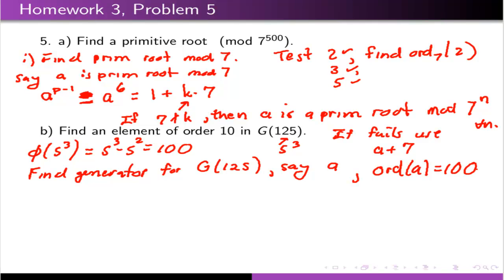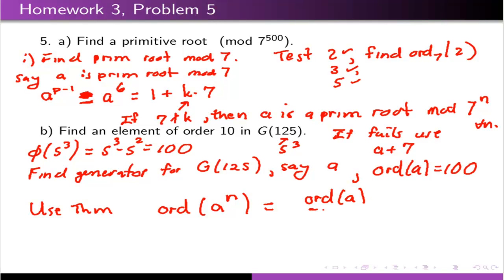It's a generator for that group. And now use the theorem that says the order of A to any power n is the order of A divided by what? There's a theorem. And then you're just going to want to get this set equal to 10, and then you can solve for n.